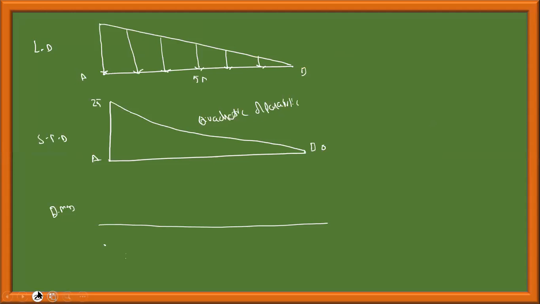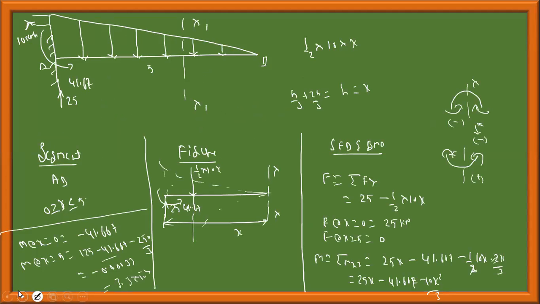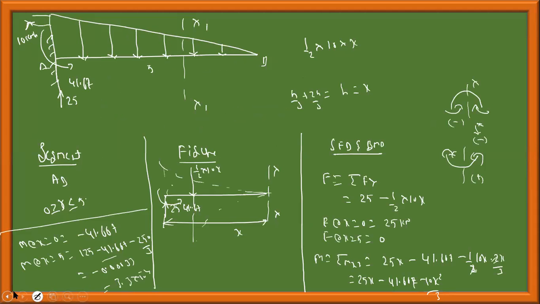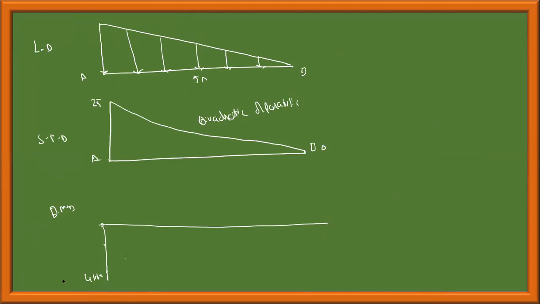And there is a moment here, at point A. Due to the moment, there is a sudden shoot up of the bending moment, which is equal to minus 41.667 at this point, and then at x equal to 0, it will come back to 0. Therefore, this is a cubic curve. Draw a curve like this and indicate it as cubic.